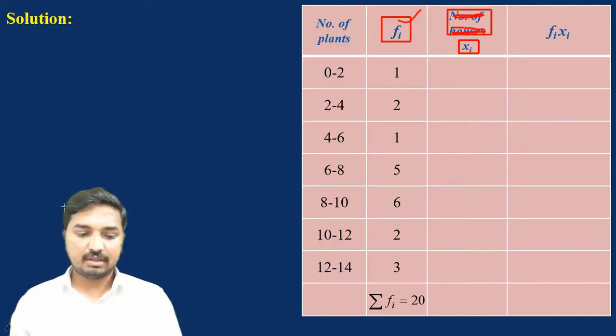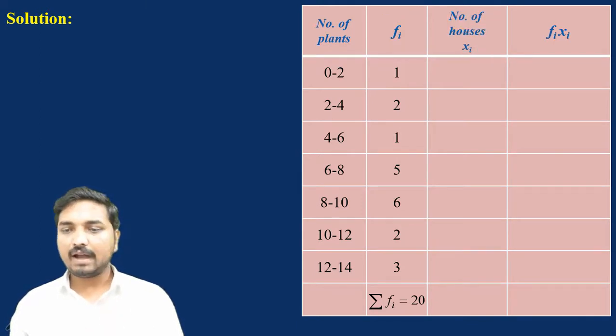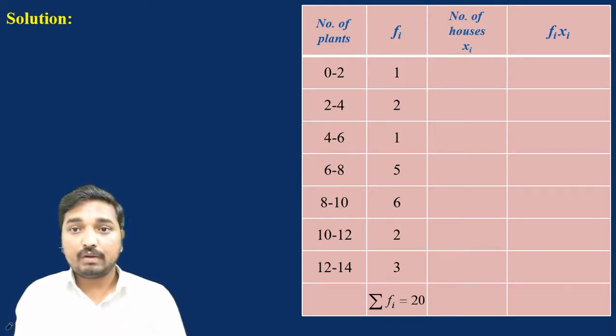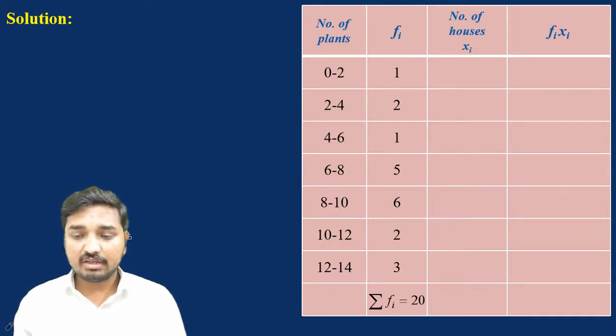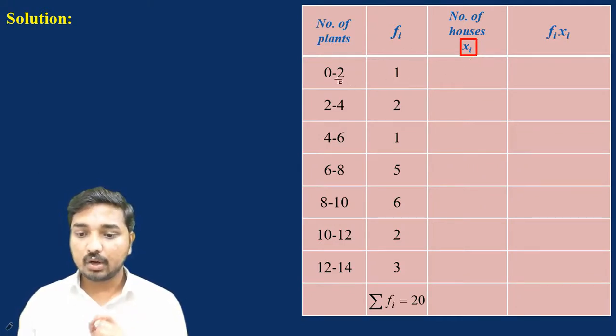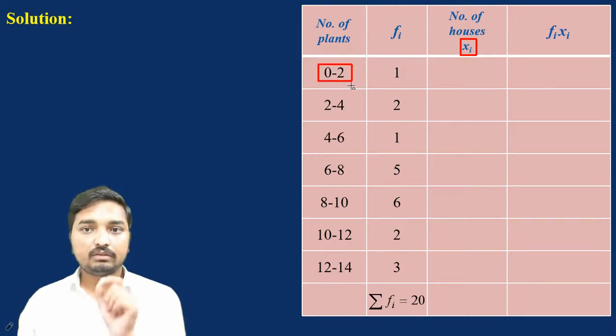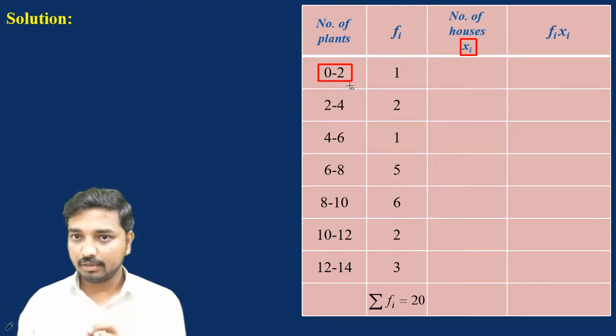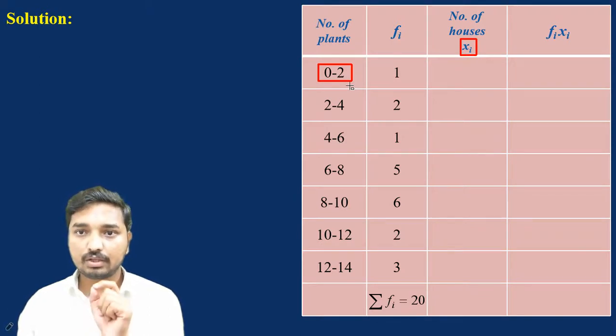Now the next step is very important: finding the class mark. How can you find the class mark? Class mark is the third column that I have written. How can you find the class mark for 0 to 2? 0 plus 2 divided by 2. 0 plus 2 is 2, divided by 2 is 1.